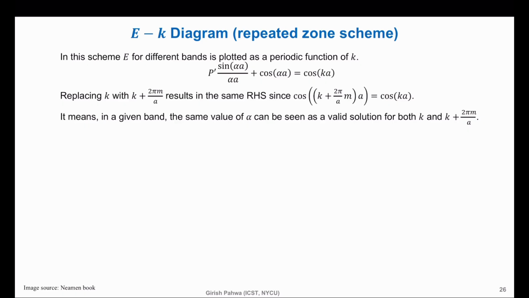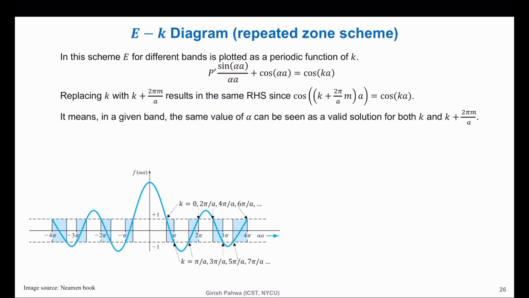Okay, so if it is a periodic function of k, you know what? This value, I assumed k equal to 0. But why k equal to 0? It could be 2 pi by a, 4 pi by a, 6 pi by a, whatever. If I use 0, 2 pi by a, 4 pi by a, 6 pi by a, I can get the same corresponding value of alpha.